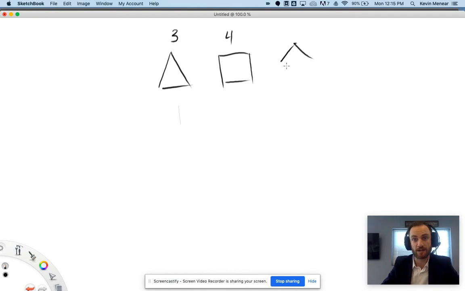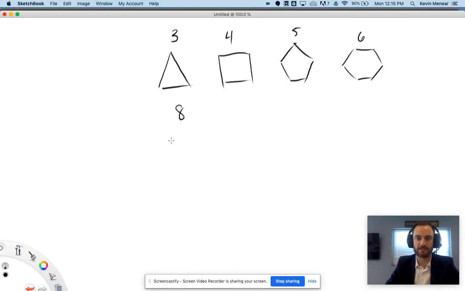Can you guess what it is called? That's a pentagon. And what about a 6-sided regular polygon? Well, that's a hexagon. Cool. And an 8-sided, easier to draw than a 7-sided, so please forgive me. An 8-sided regular polygon is a stop sign. Just kidding. It's an octagon.